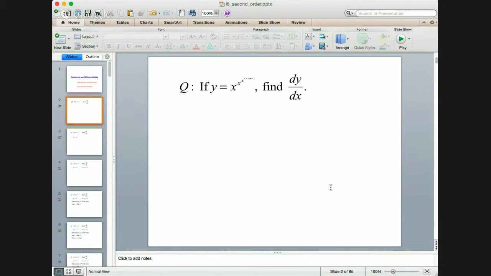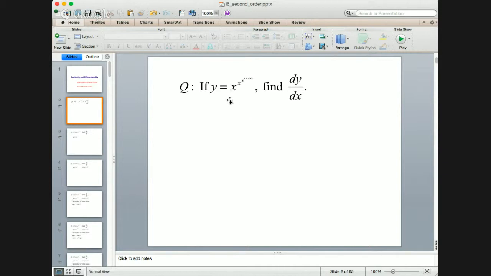We have here y is equal to x raised to the power x raised to the power x going right up to infinite number of times. And you have to find dy by dx. So how do we find the derivative of such a function?